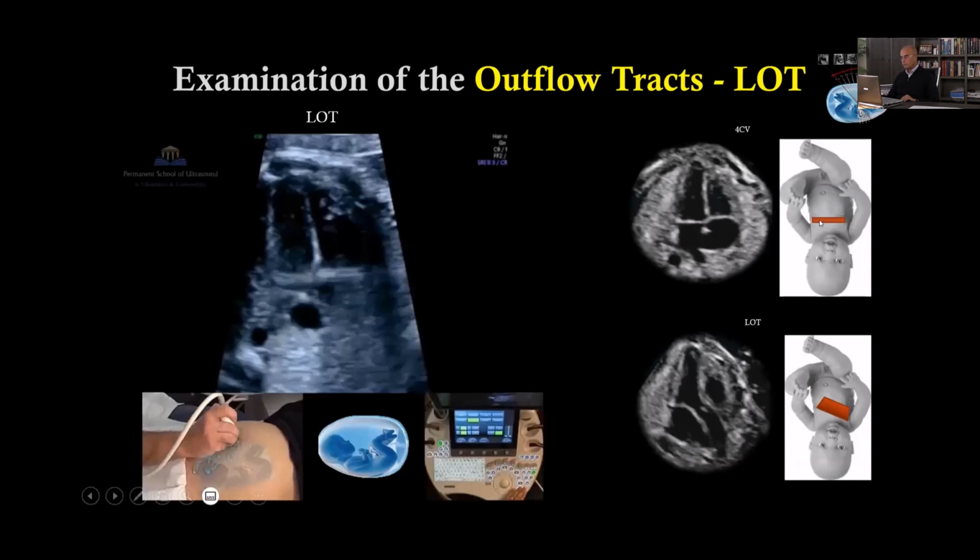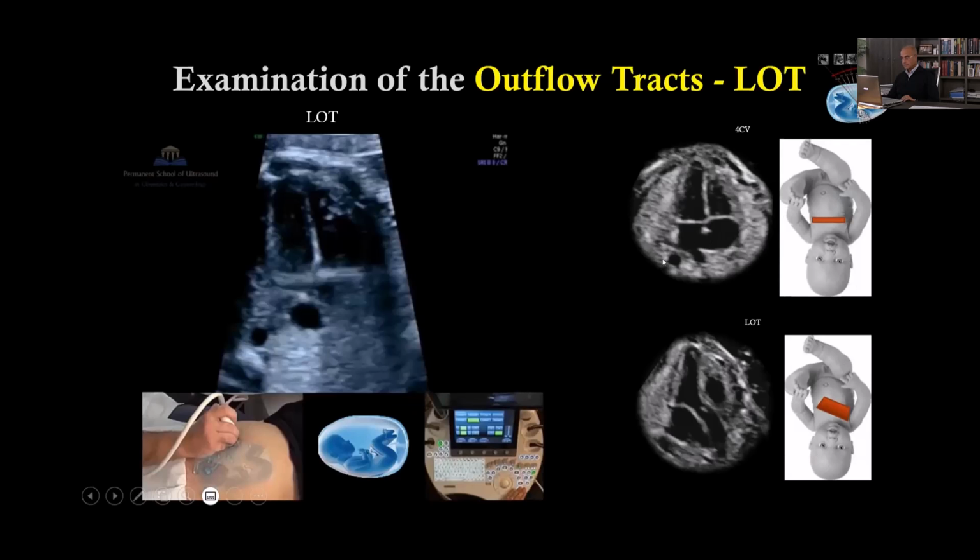So you have to maintain the probe in this alignment, and from this position you have to tilt the transducer, look at the ultrasound beam toward the fetal head, and slightly rotate to the right shoulder. This is the way to get the left outflow tract.